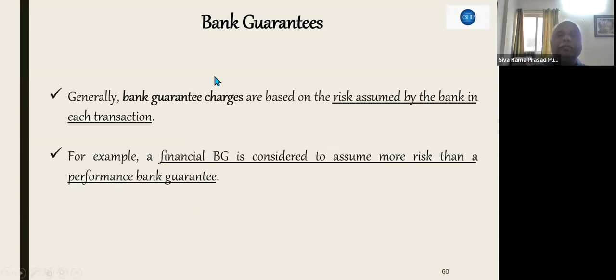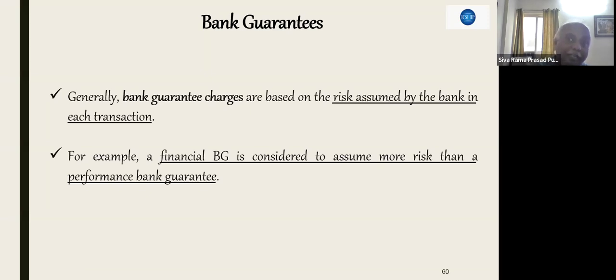The bank charges. Generally, bank guarantees are charged based on the risk assumed by the bank in each transaction. For example, financial bank guarantees are costly when compared to performance guarantees. In most cases, even though the performance guarantee is converted into financial, still the risk rate is less.